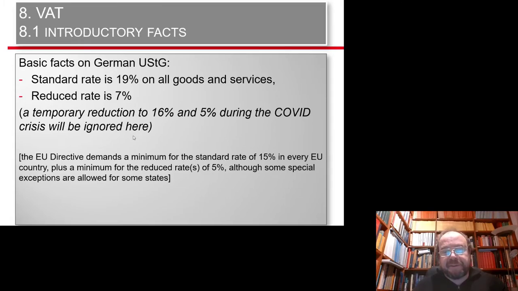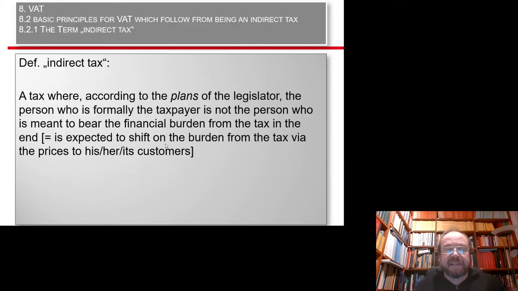And perhaps you know that there has been a temporary reduction for half a year of the rates in Germany, but that is just going to be over in 2 days, so we don't need to memorize that. That's nothing which is of principal interest for us.